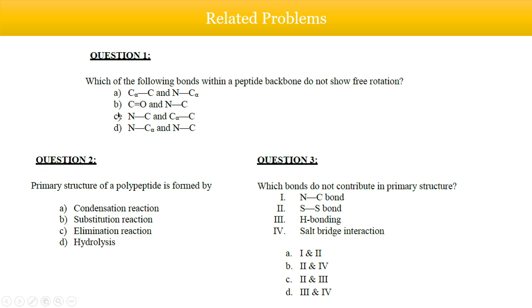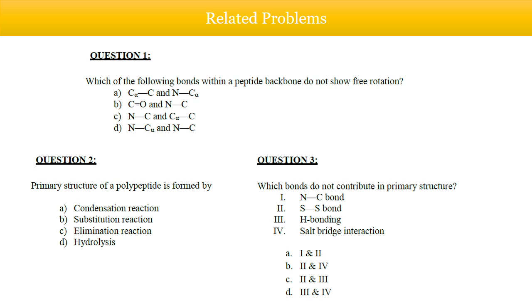The carbonyl bond does not rotate either, because in the planar structure it also has a double bond character, as well as the partial double bond character of the C-N bond.